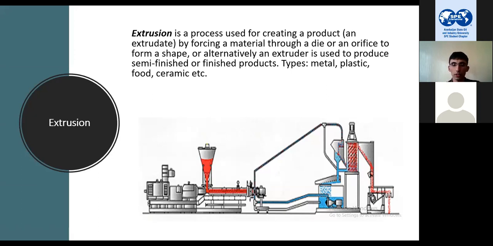Also, before extrusion, we add some chemical compounds. We call them additives, chemical additives. They have different aims: to prevent oxidation of the polymer, to protect it from sunlight, or to increase its heat stability. So we use chemical additives.